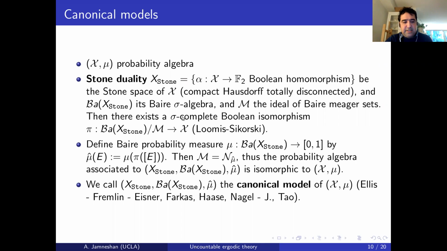Maybe I should say right away that such a canonical model is not the original probability space, but a different space which can model this action. So let's start with a probability algebra. Then we can form the Stone space of that probability algebra, which consists of all the Boolean homomorphisms from the Boolean algebra into the trivial Boolean algebra, F2.